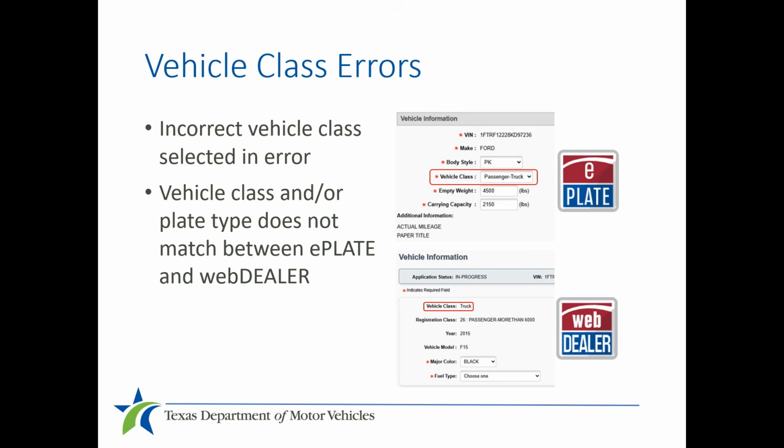Even small differences like this can result in returns or processing errors at the county level. To help avoid these issues, always verify that the vehicle class matches across all systems before submitting the transaction. And if the classification on a previous Texas record was entered incorrectly and the system does not allow you to update it, the transaction may need to be submitted directly to the county office for correction.